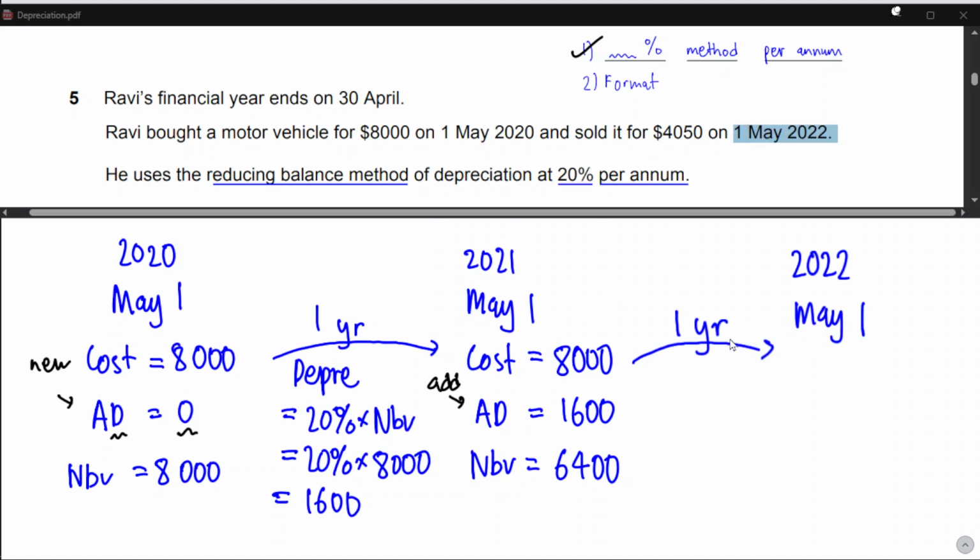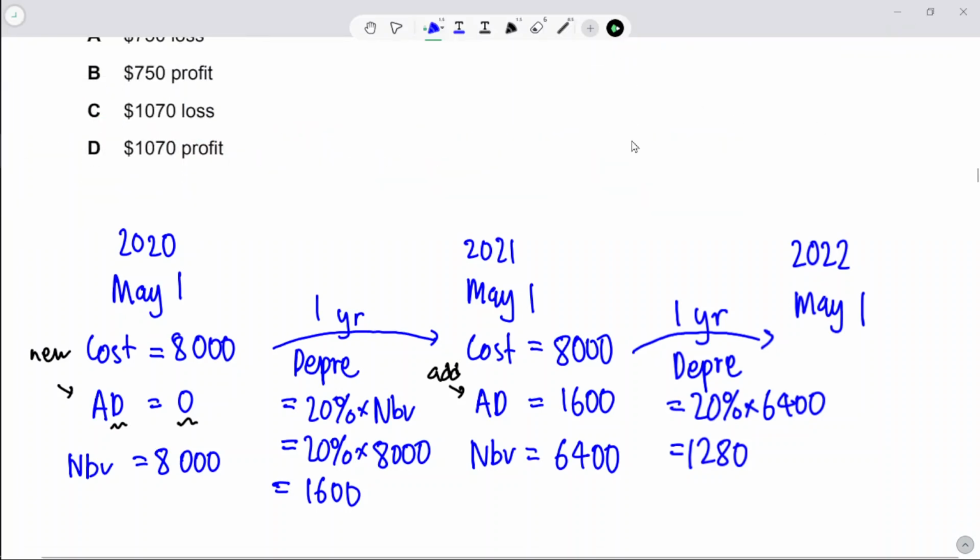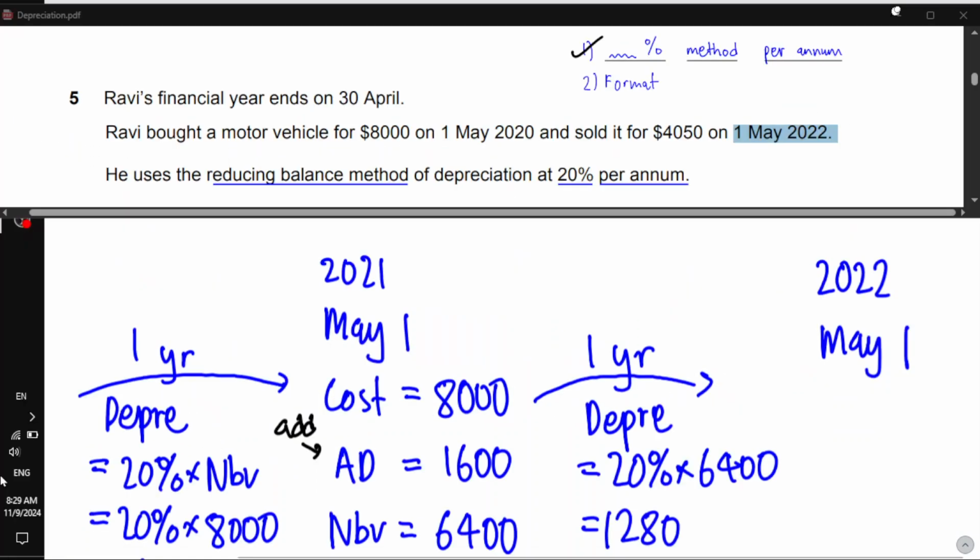So the depreciation will equal the same 20% times net book value, which equals 1280.